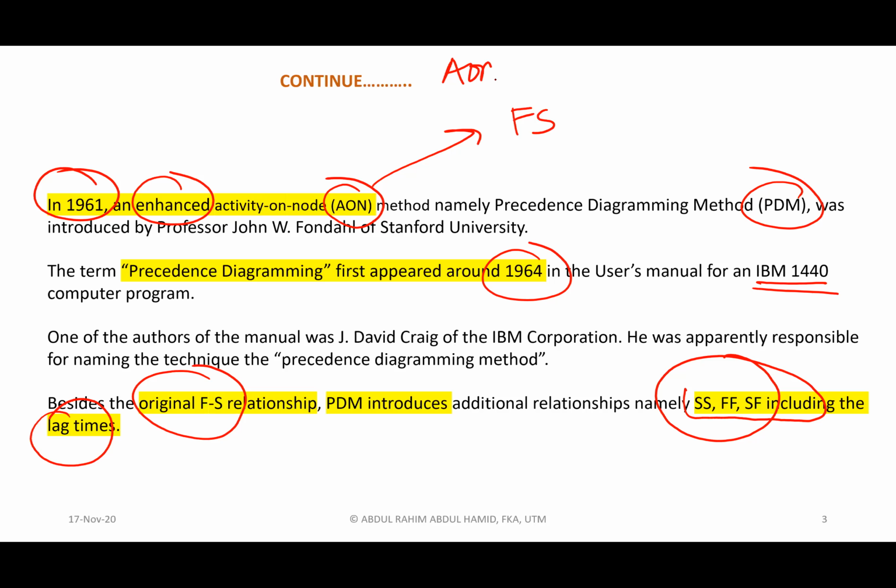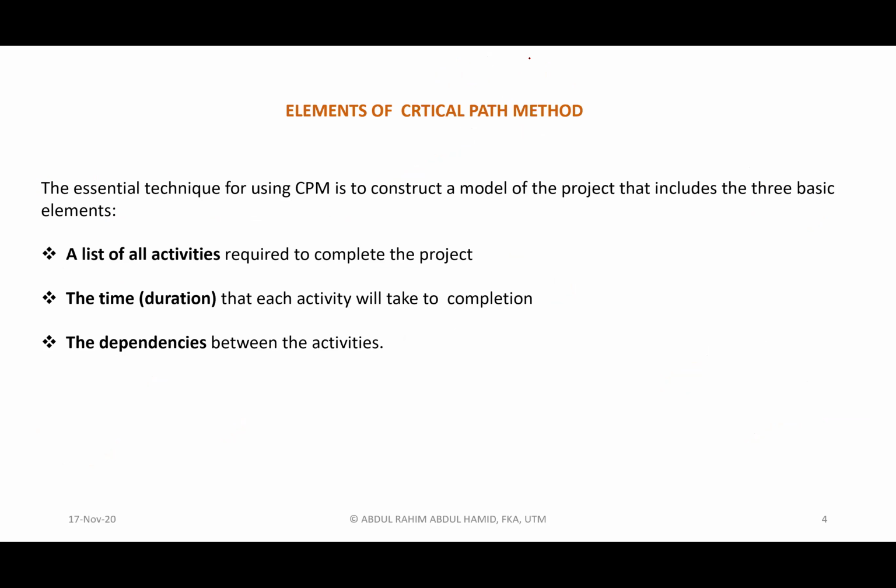Similarly, AOA diagram, even until now, only uses this type of relationship. So that's why AOA diagram is not that popular nowadays, because it limits the relationships we can use. If we still want a different relationship, the diagram would be very complex because we need to split up activities, etc.